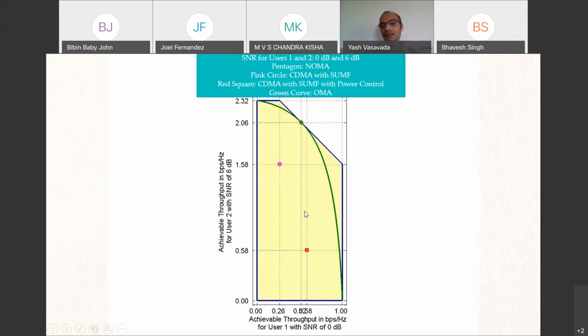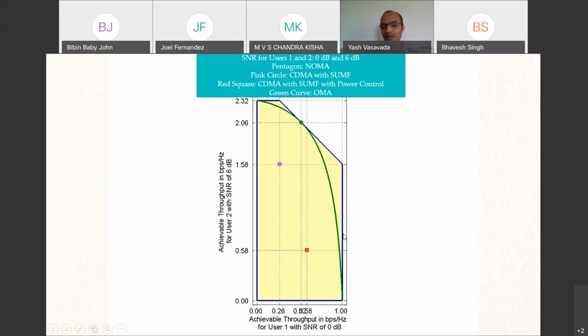However, look at this NOMA. In case of NOMA, if I decide to operate at this vertex, user 1 is going to be super happy because although it is the weak user, although it is a disadvantaged user, although it is located at the edge of the cell, and it knows that there is this higher power interferer which is present pretty close to the base station, it is able to get a data rate as if there was no interferer at all.